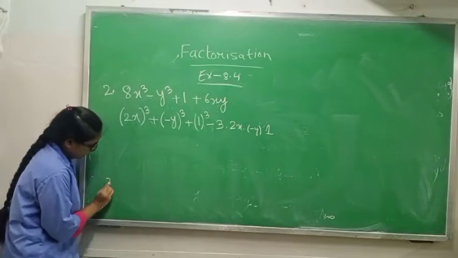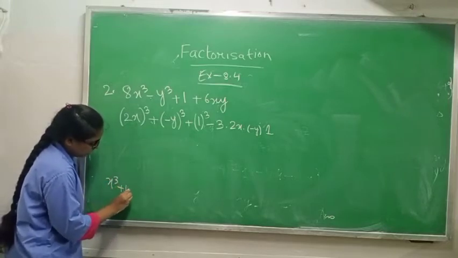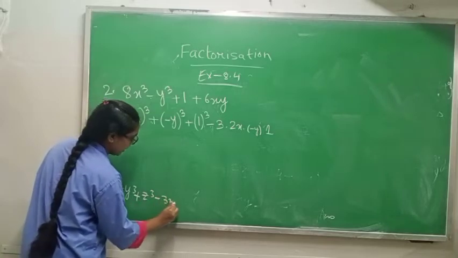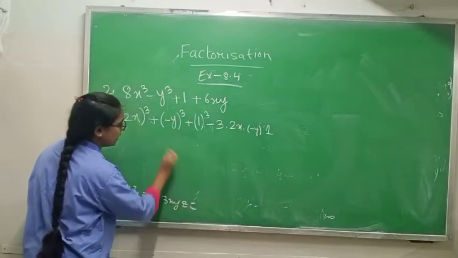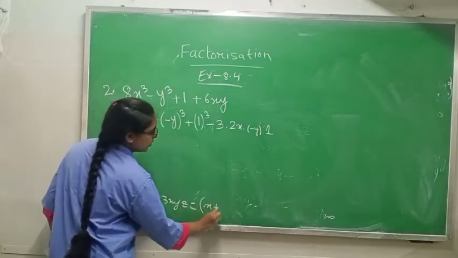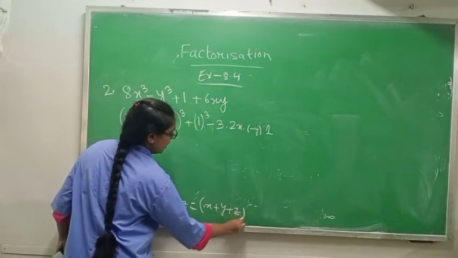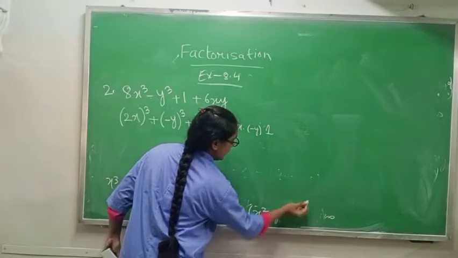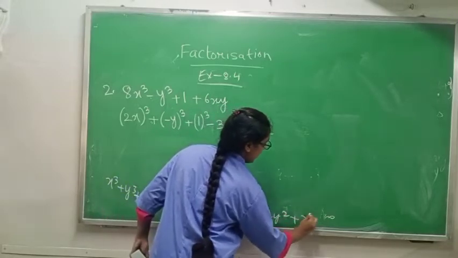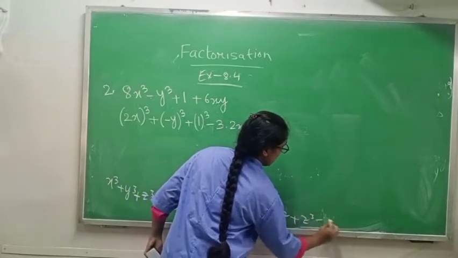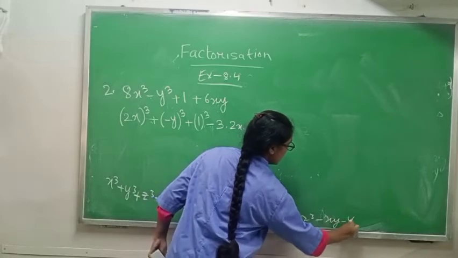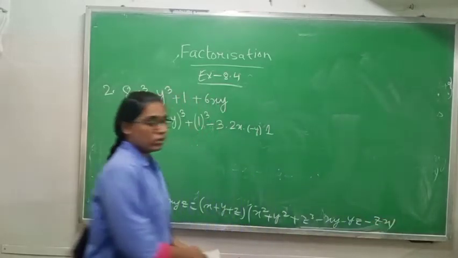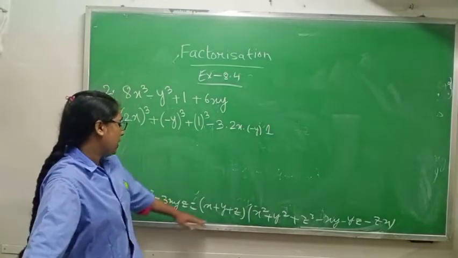What is the formula? x cube plus y cube plus z cube minus 3xyz. This one you have arranged already. The formula is x plus y plus z, then x square plus y square plus z square minus xy minus yz minus zx. According to this formula you have to arrange this.